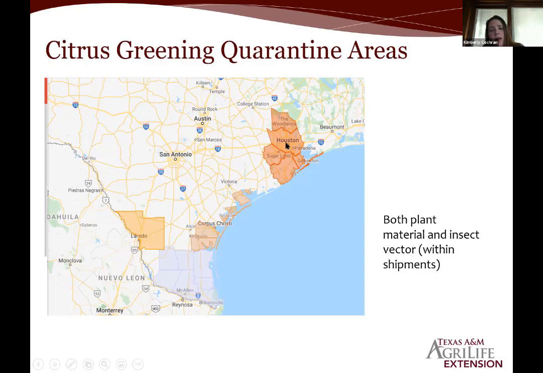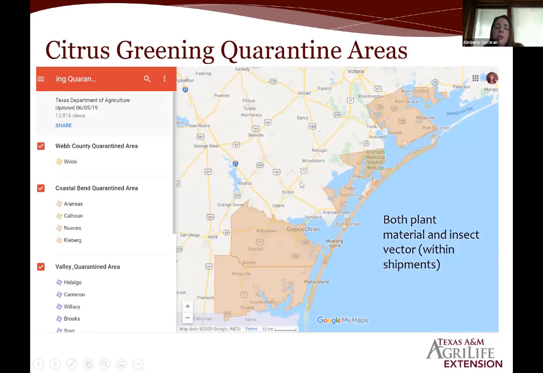You should not be buying a citrus tree in Houston and taking it to, you know, Del Rio and planting it. Now to zoom in so y'all can see this better. When you zoom in closer on this tool, it does include a list of the counties, so you can see that most of your coastal bend area is unfortunately in the quarantine now as of last fall.